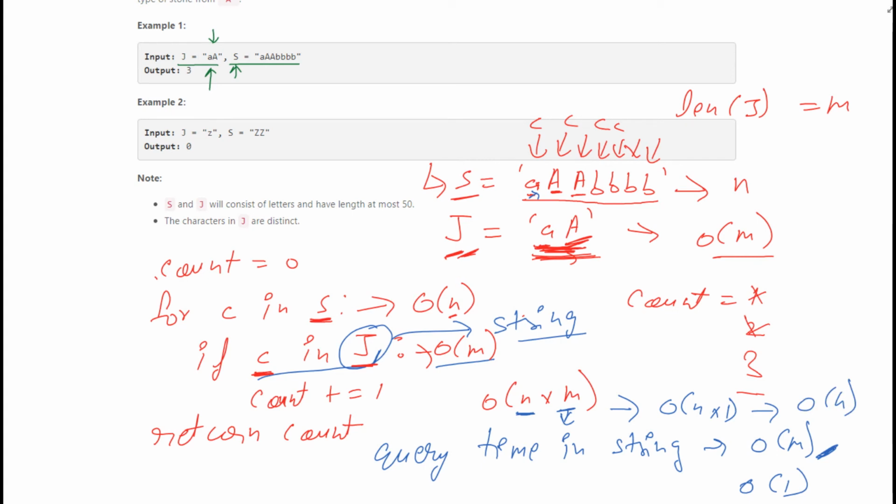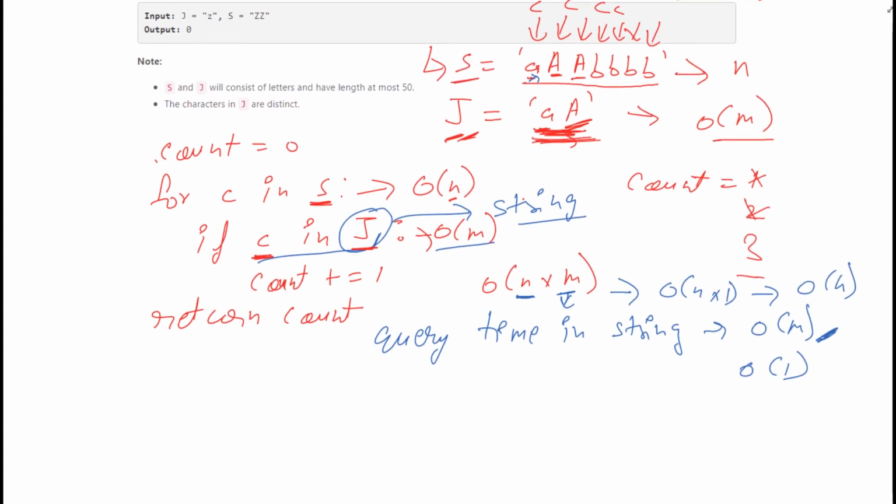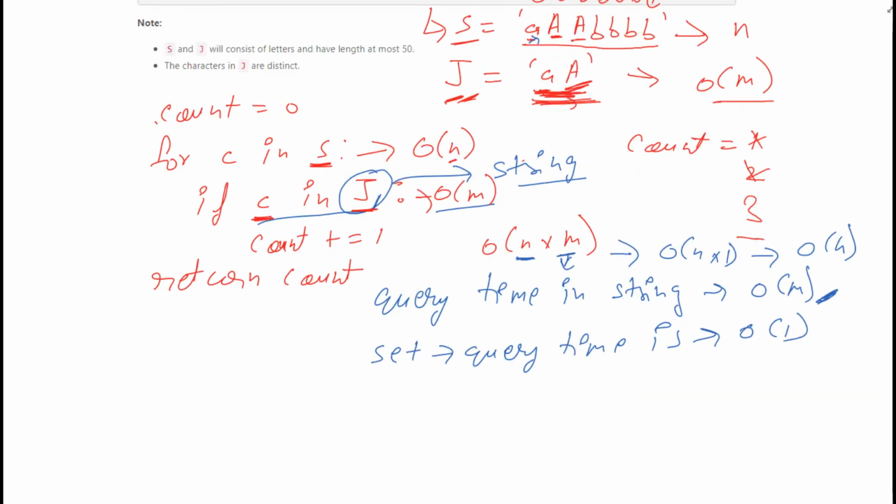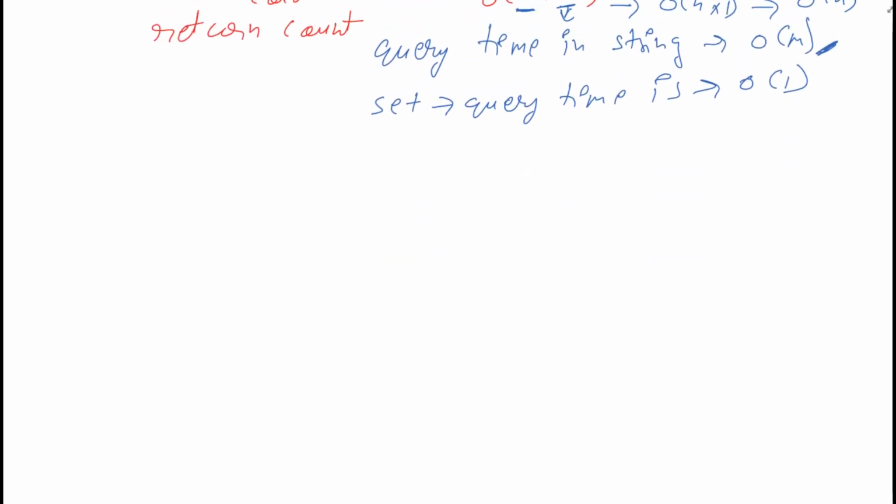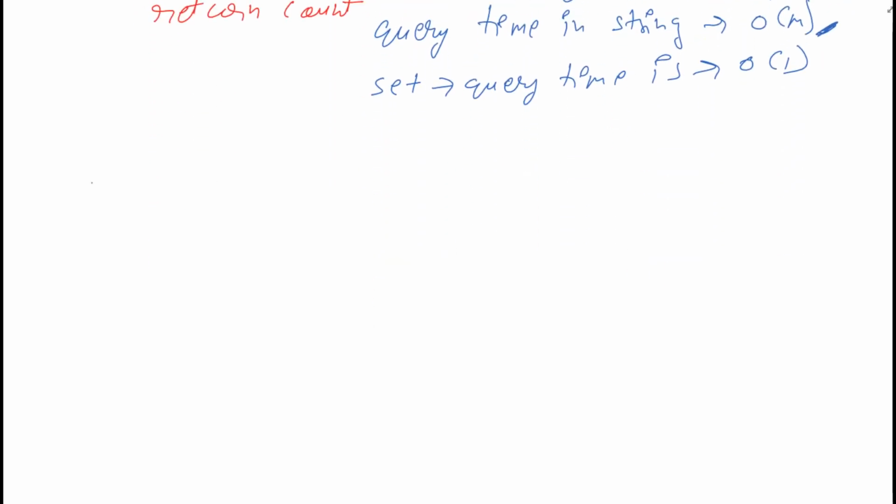So how can we do this? If we convert our string into a set, since in a set query time is O of 1. So now what we can do is take an empty set. Let's name this empty set jewel set is equal to set. Now we add all the jewels that are in J to our jewel set.